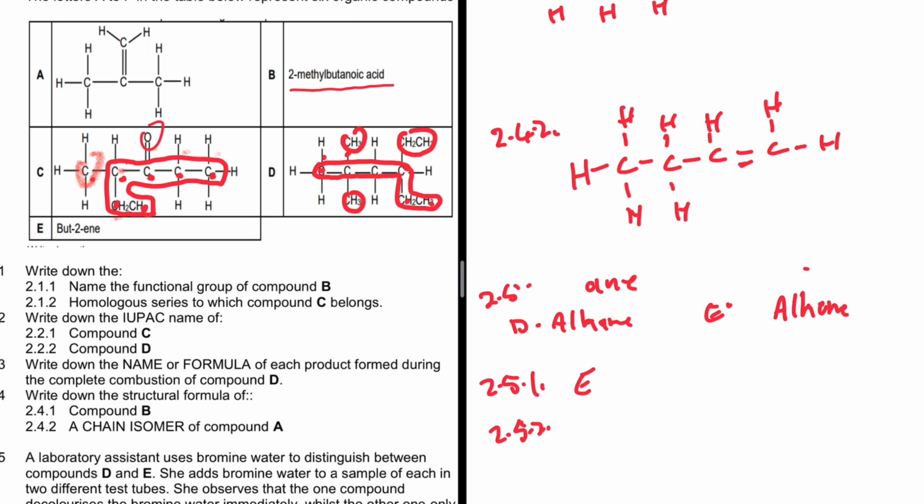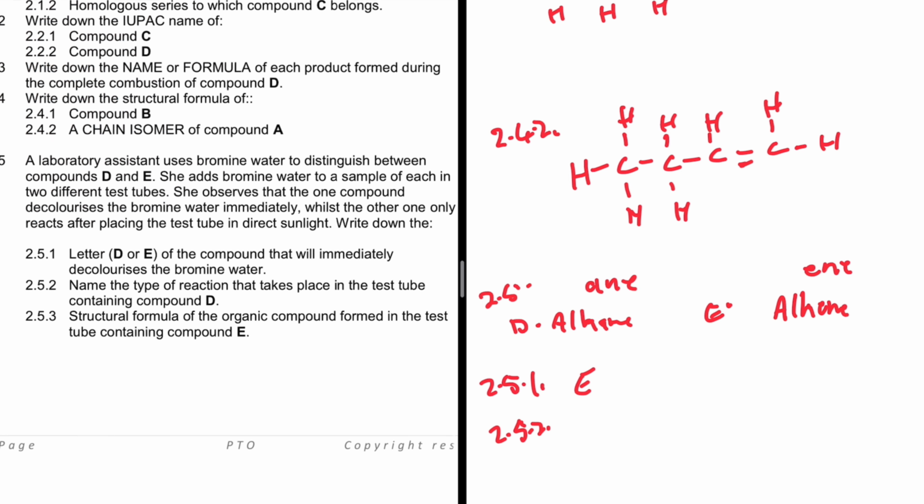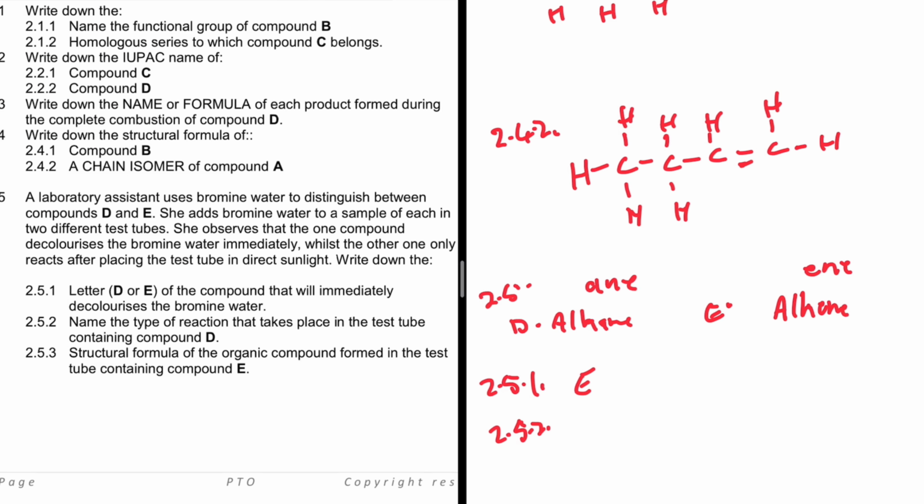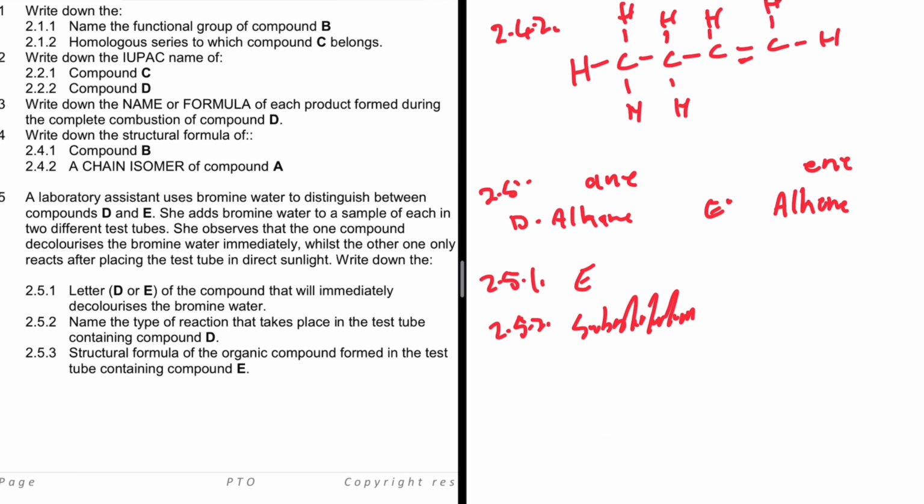My handwriting is so bad. So the type of reaction that takes place if your organic compound is an alkane should be substitution, right? Substitution. Yeah, because we have an alkane and then we are adding Br2 essentially. So we cannot be eliminating anything there. So obviously it is going to be substitution, because in an alkane you cannot have addition either way.